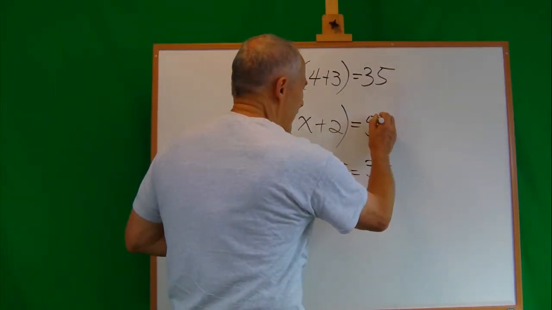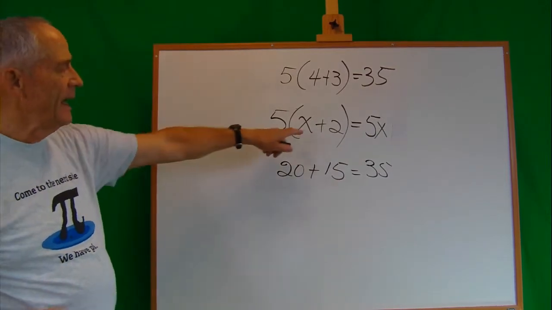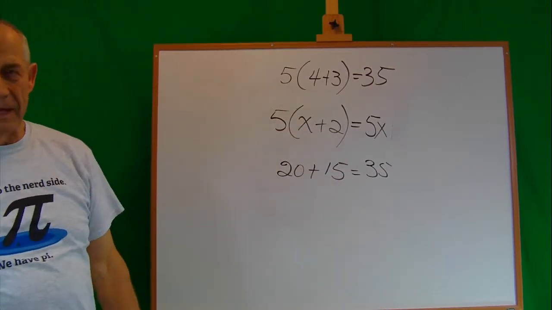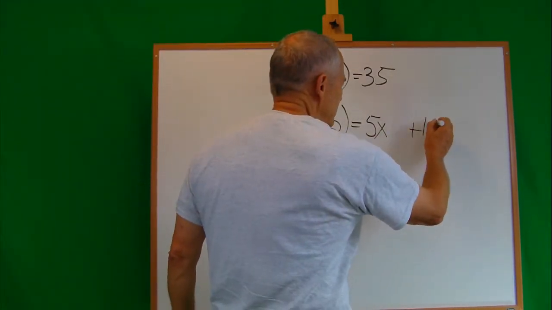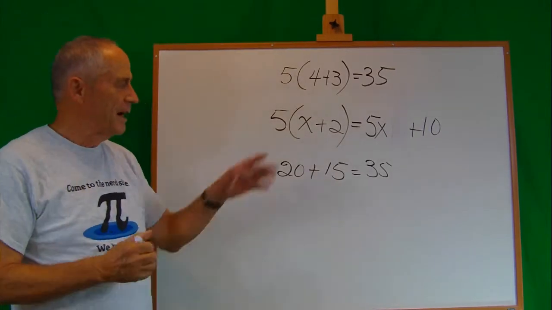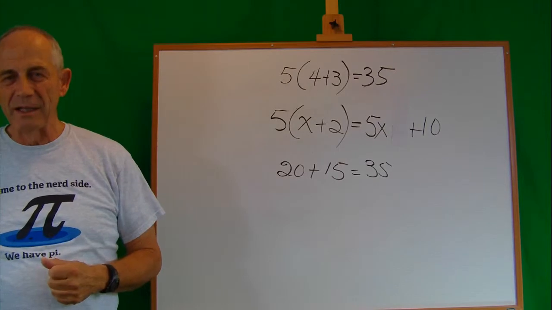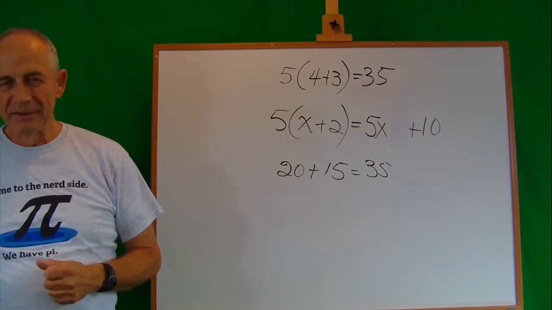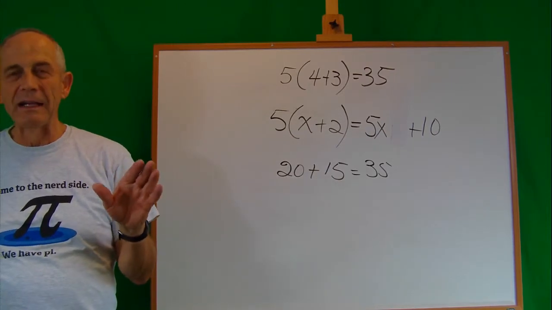And this is how we write it. That means 5 times x. And then I'm going to write the 5 times 2, which is 10. So 5 times that group with x plus 2 is equal to 5x plus 10. Okay, the distributive property. Make sure you multiply everything.